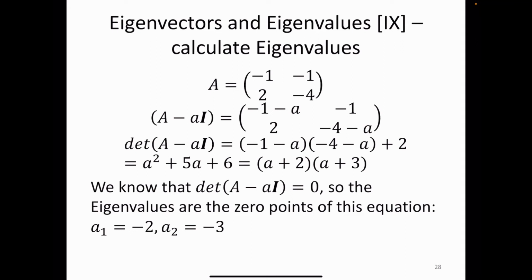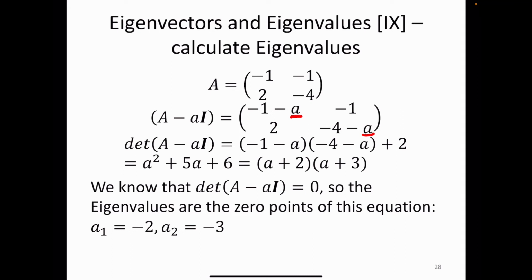So whatever the a is, we take the identity matrix, which you remember is the diagonal matrix with all ones. So if we subtract that from A, we see our a's here, only on the diagonal. The other entries remain the same.